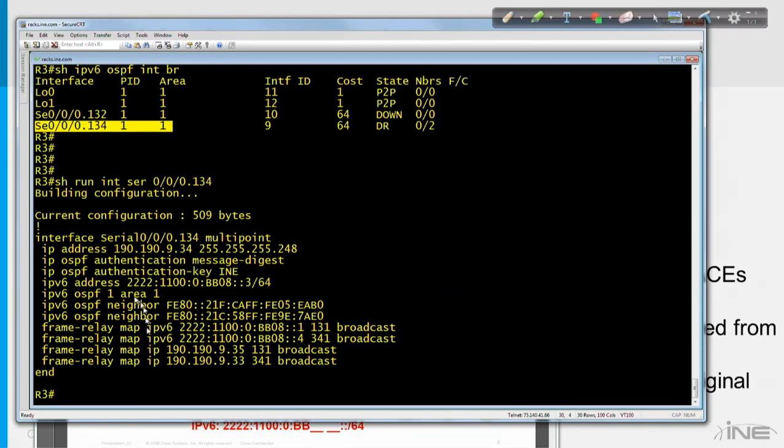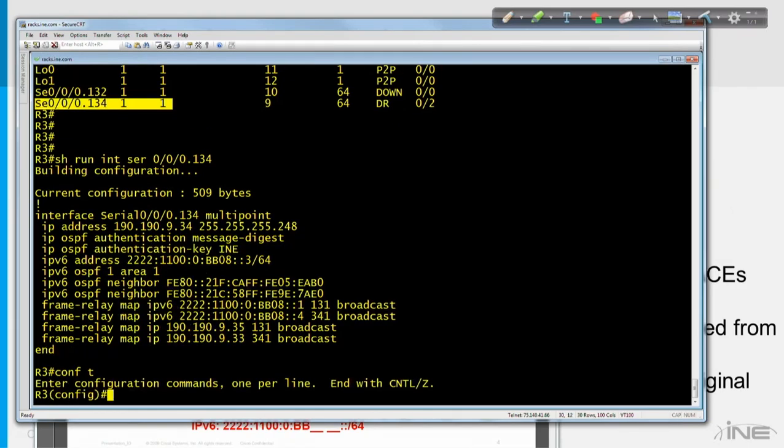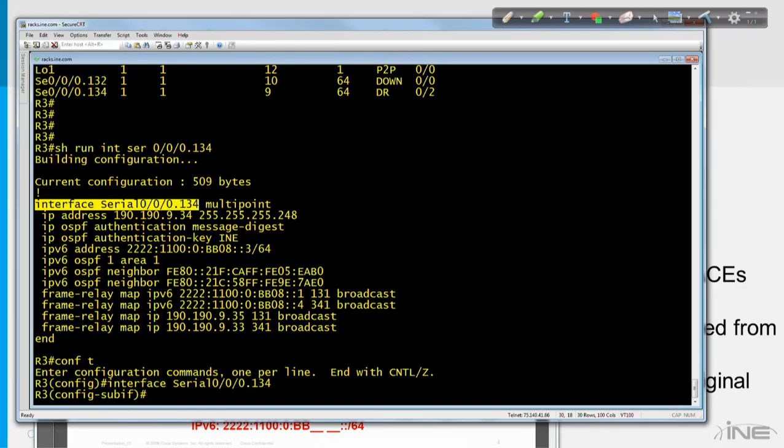And it looks like we have the same problem here. We don't have a frame relay map pointing to the return address of our link local neighbor. Okay, so I'm not sure which one is which, so we're going to have to find that out.